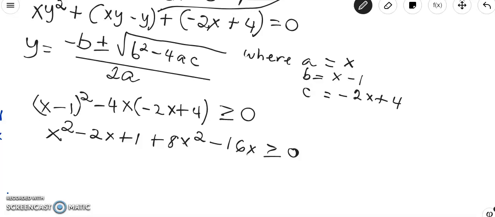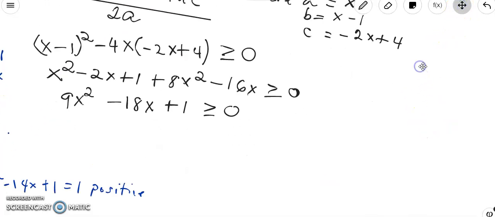So, simplify natin. 9x square minus 18x plus 1 is greater than or equal to 0. So, pwede natin i-divide ang both sides by 9.